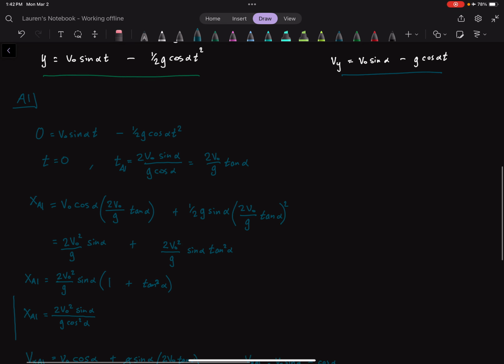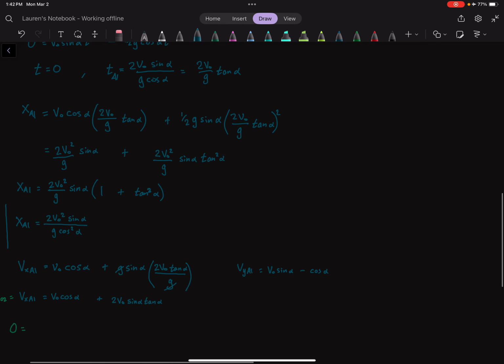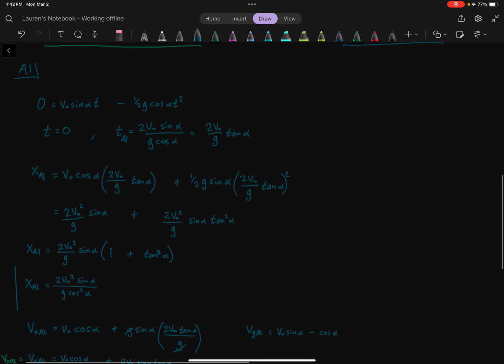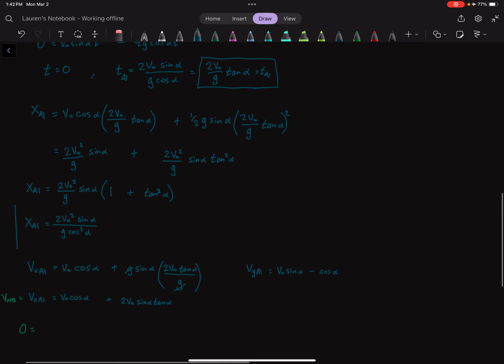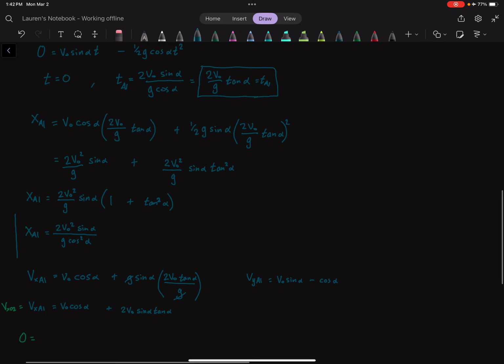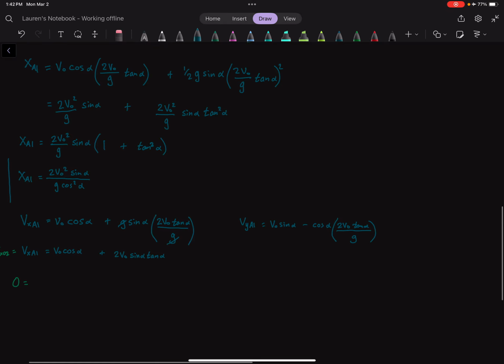And here's where we plug in our t for A1, which is this guy, equals TA1. That's not the final result there, but that's a useful one. So we have times 2 V naught tangent alpha over g. Okay, so here we go.